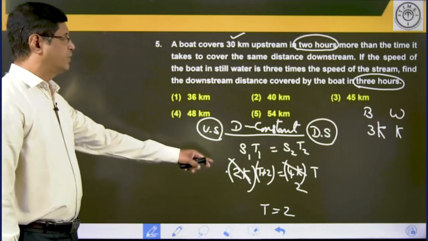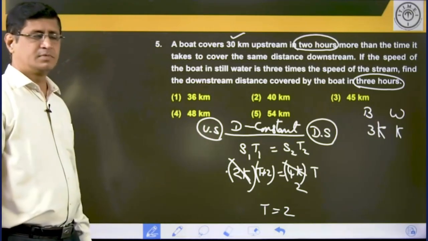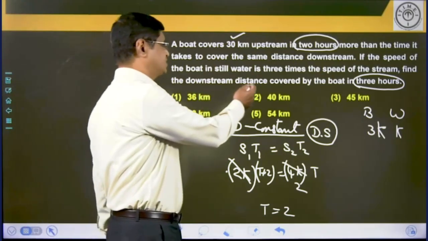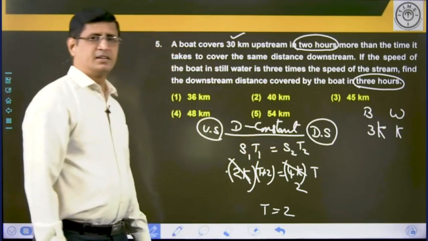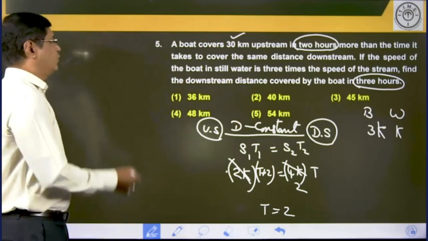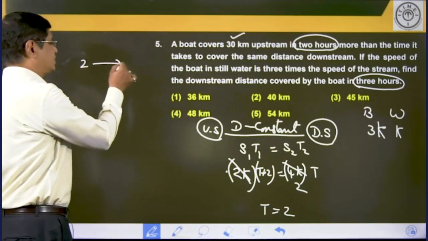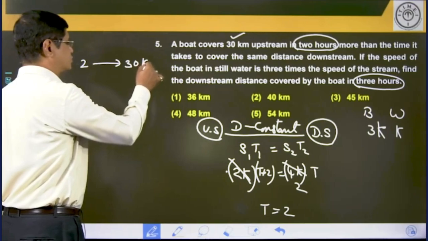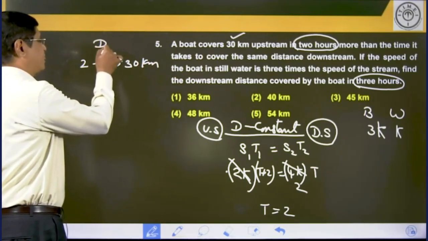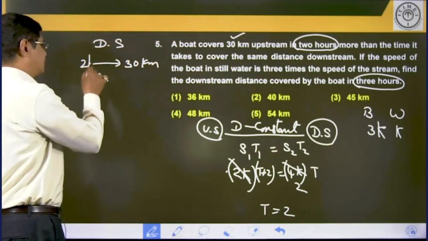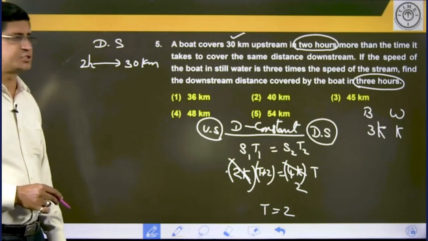T is equal to 2 hours means we just need to find the distance covered in 3 hours. In 2 hours, it covered 30 kilometer in downstream. Listen to me carefully. In 2 hours, it covered 30 kilometer in downstream.